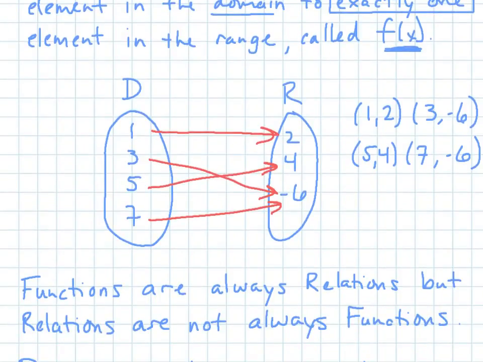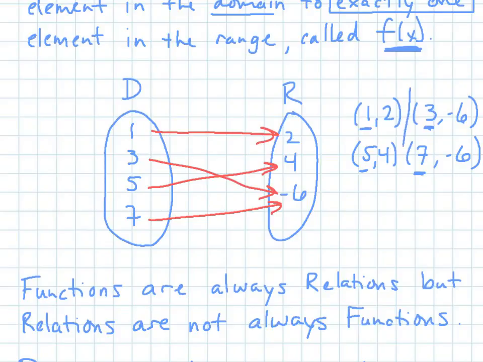Okay, so here's another mapping where I have a domain going to a range. Now notice in the ordered pairs that I don't have any x values that go to two different y values. So like 1 only goes to 2, 3 only goes to -6, 5 only goes to 4, and 7 only goes to -6.